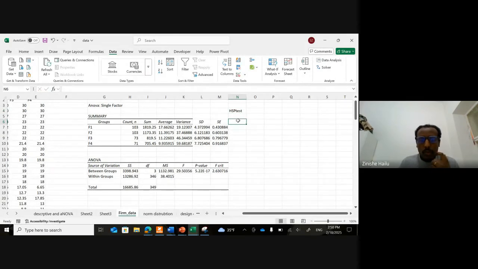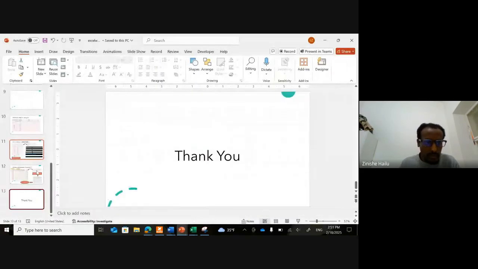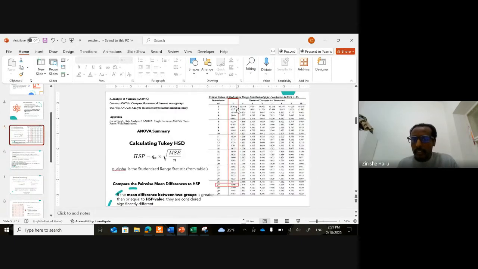First, we have to determine the degree of freedom and number of groups. Here, the number of groups we have is 4, and degree of freedom is 3. So we can read the Q from the table that we have previously seen from the PPT here. So number of groups is here, we have 4, and degree of freedom is 3.